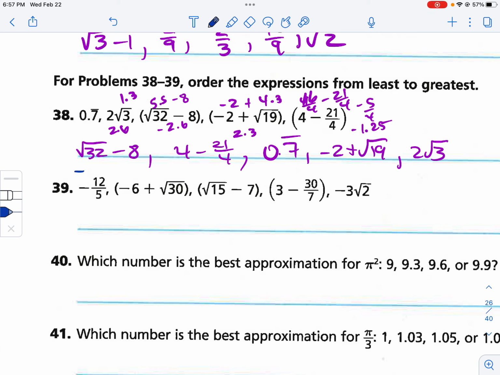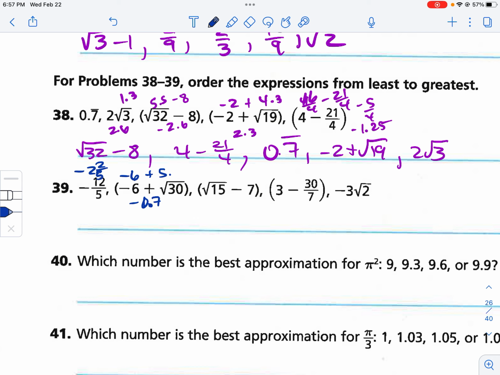If I divide that, I get 2 and 2/5. This I get negative 6 plus 5 point something, so it's going to be negative 0.7-ish.